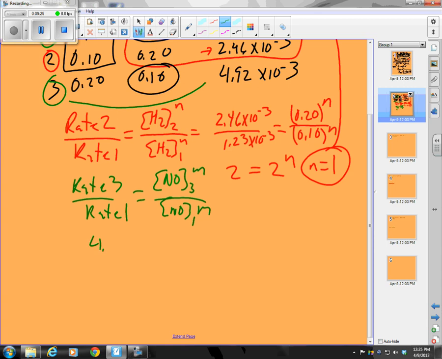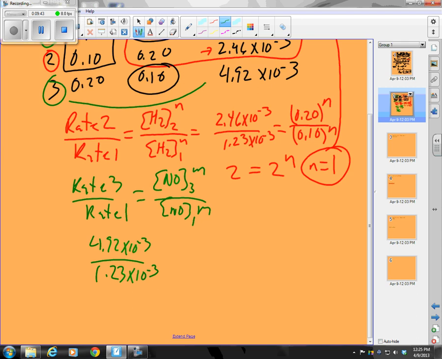I get 4.92 times 10 to the minus 3 over 1.23 times 10 to the minus 3. Oh my goodness, I'm going to need a calculator. And what do I get?